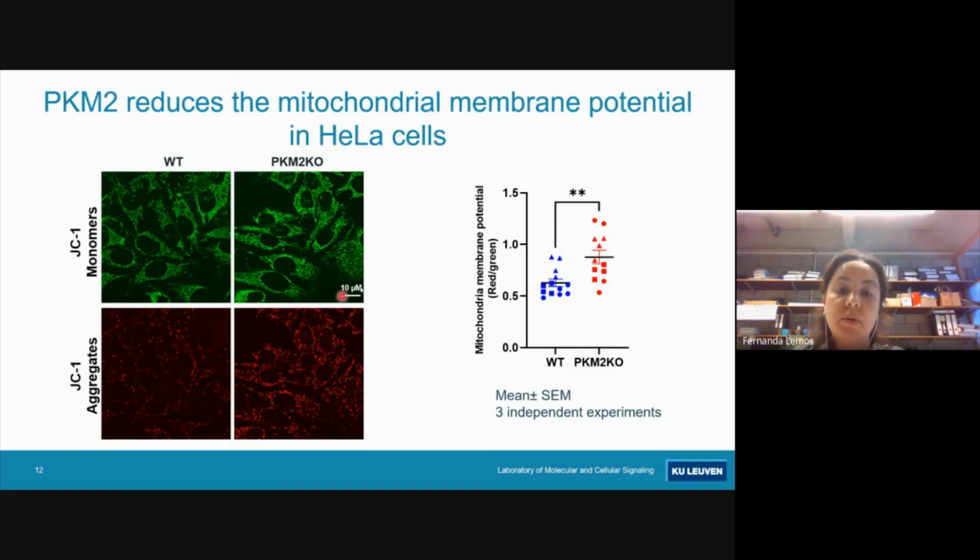And here you can appreciate that in the presence of PKM2 in the wild type cells, we have lower mitochondrial membrane potential. So this difference can contribute to the difference that I saw in the mitochondrial calcium uptake, because we have this ionic force that can drive the calcium to the mitochondria.